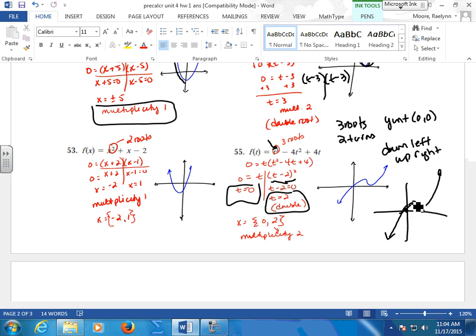I may need a calculator to see how exaggerated this is. It may go up skinny like this. It may be flat to the axis. That part I don't know. But for the most part, can I get my sketch? If I know how my ends behave, if I know where it crosses the x-axis, I can even do my y-intercept. And I should be able to find it. I should be able to graph these without my calculator.